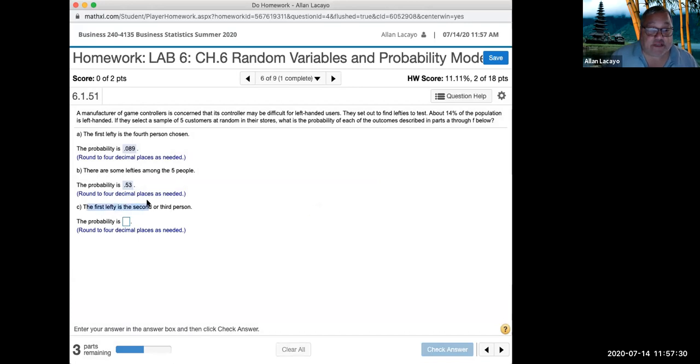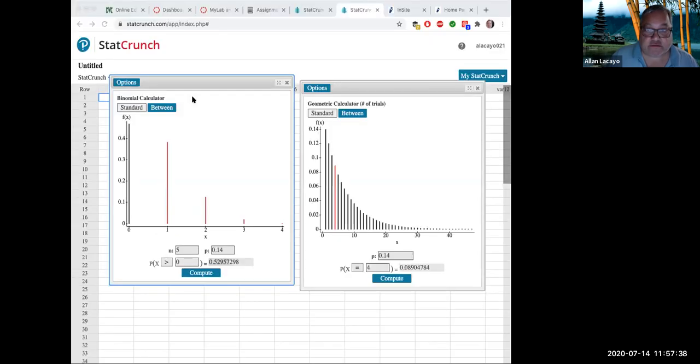The first lefty is the second or third person. So we go back to the notion of a first lefty, i.e. a geometric model. Now you can see why I do not close calculators when I open others, because I might have to refer to using them again. Since the question was about the first lefty being the second or the third person, I'm going to use the calculator now in a different way called a between way.